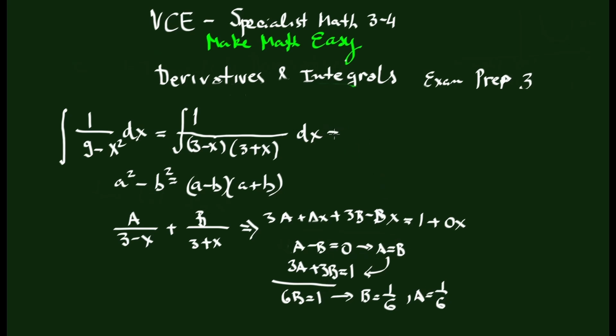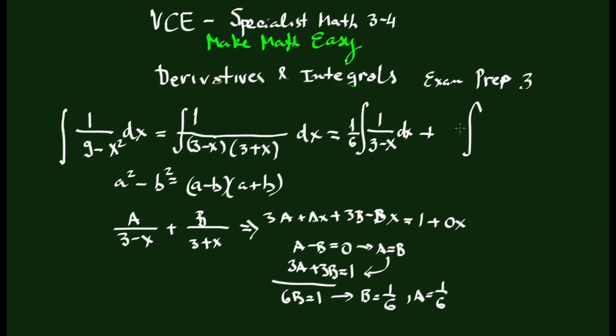So that breaks our integral into 2. The first one has a, which is 1/6, so we'll put 1/6 here, 1 there, and under we have 3 minus x dx.